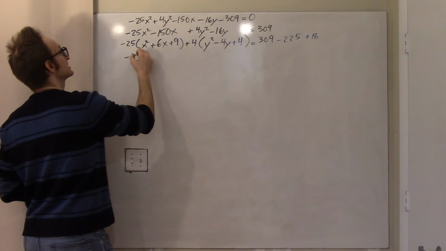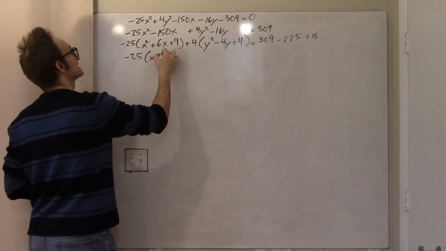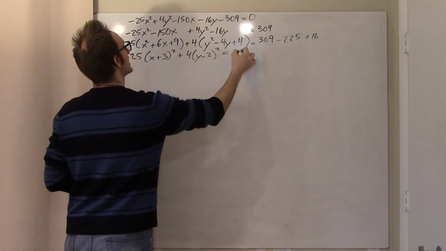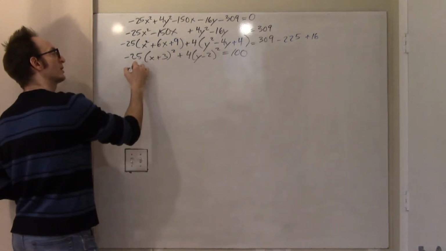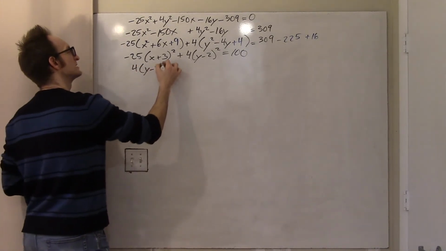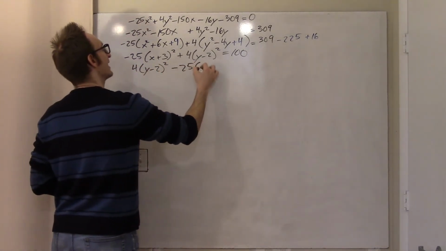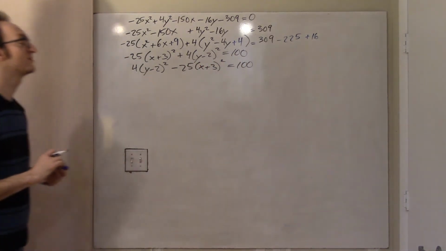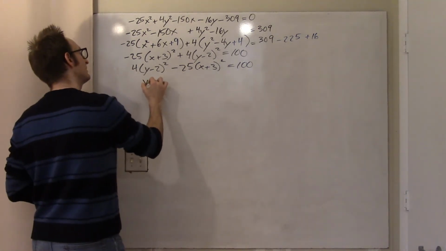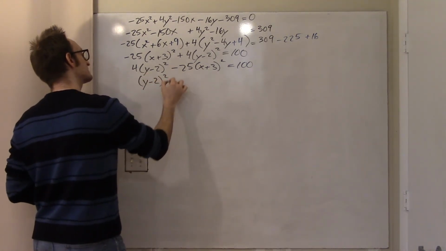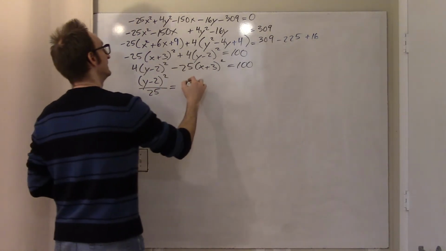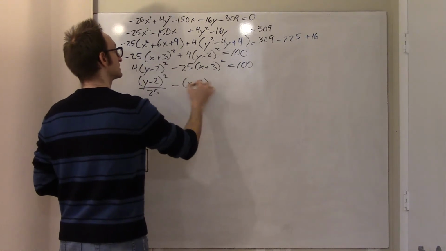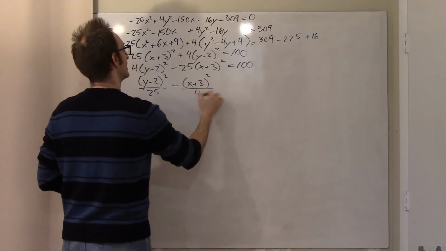So this is minus 25 times (x plus 3) squared plus 4 times (y minus 2) squared equals 100. And let's just put this in a different order. So it's really like 4(y minus 2) squared minus 25(x plus 3) squared equals 100. And finally, divide the right-hand side by 100, giving me (y minus 2) squared over 25 minus (x plus 3) squared over 4 equals 1.